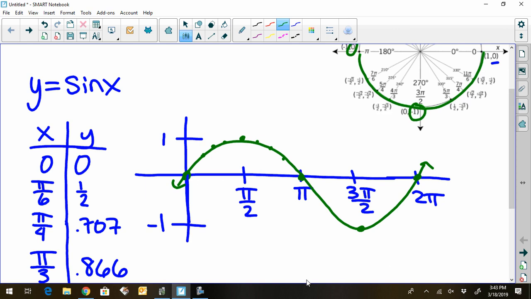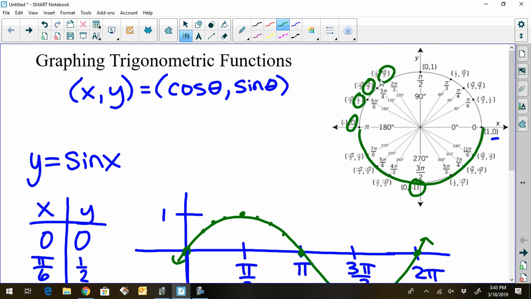So will it ever go above 1 or below -1? Going back to our unit circle, we started at 0, and then we went around, and we saw that our max and our minimums were at pi over 2 and 3 pi over 2. We're looking at our y values.